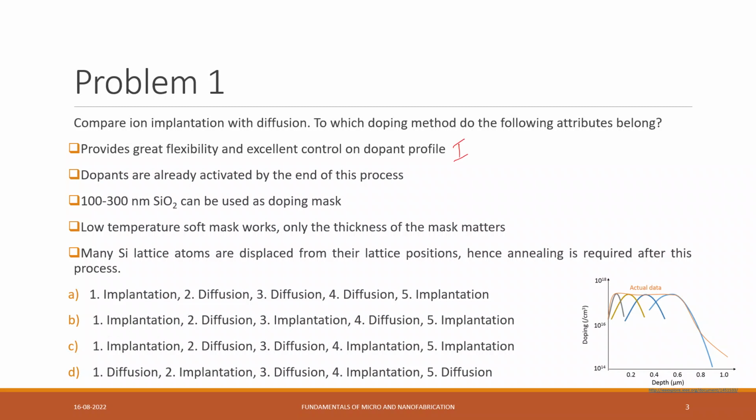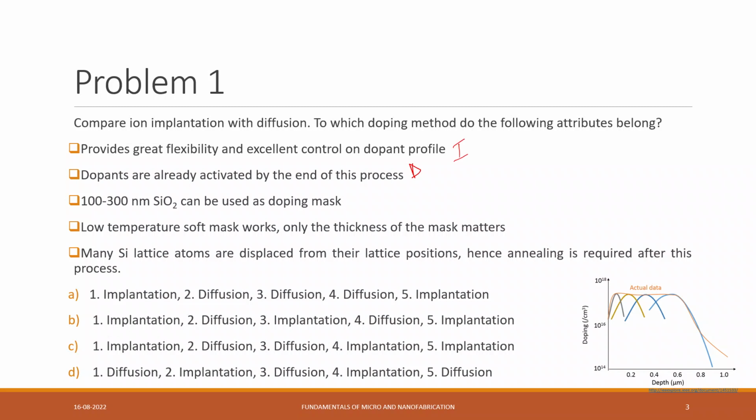So essentially, this is diffusion because in implantation we need an annealing temperature for getting the dopants to activate. And the third one is 100 to 300 nanometers silicon oxide can be used as a doping mask.